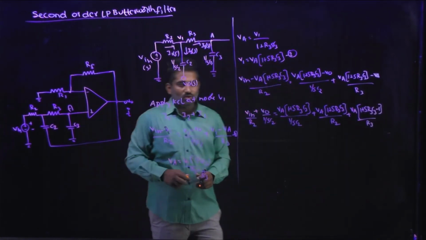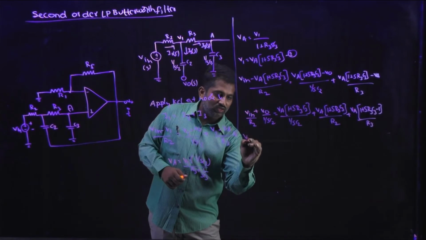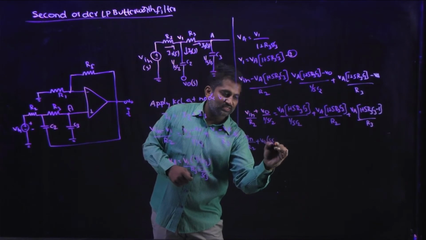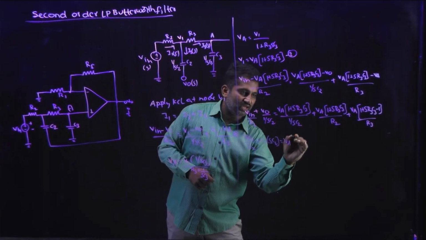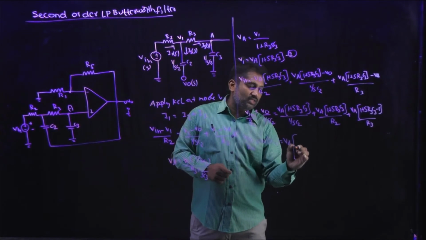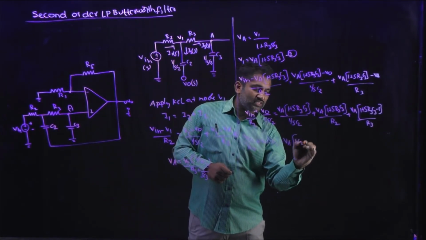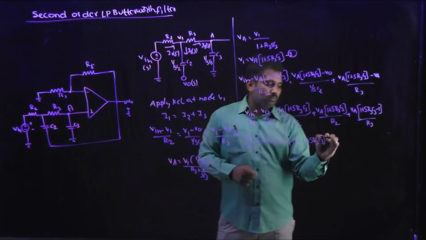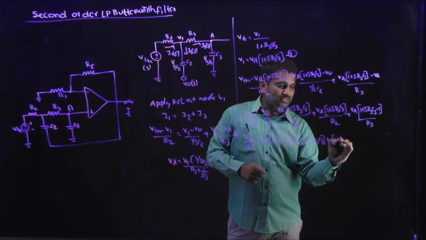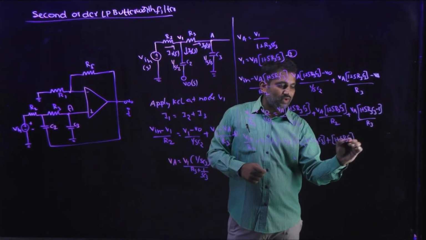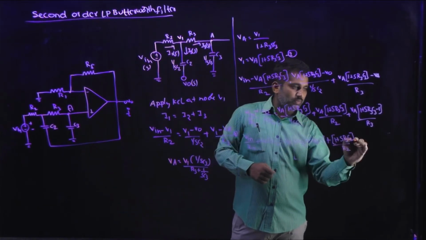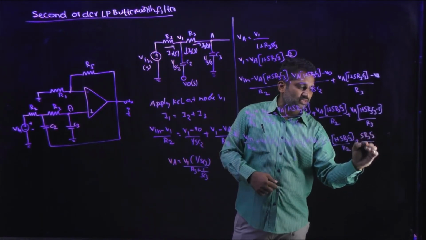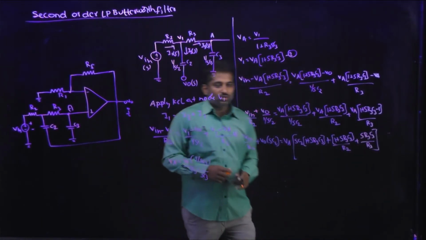So now Vin divided by R2 plus V0 into S C2 will be represented, taking VA as common, as S C2 into (1 plus S R3 C3), and then plus (1 plus S R3 C3) divided by R2, and then the 1 cancels, and you will get S R3 C3 by R3. Yes or no?